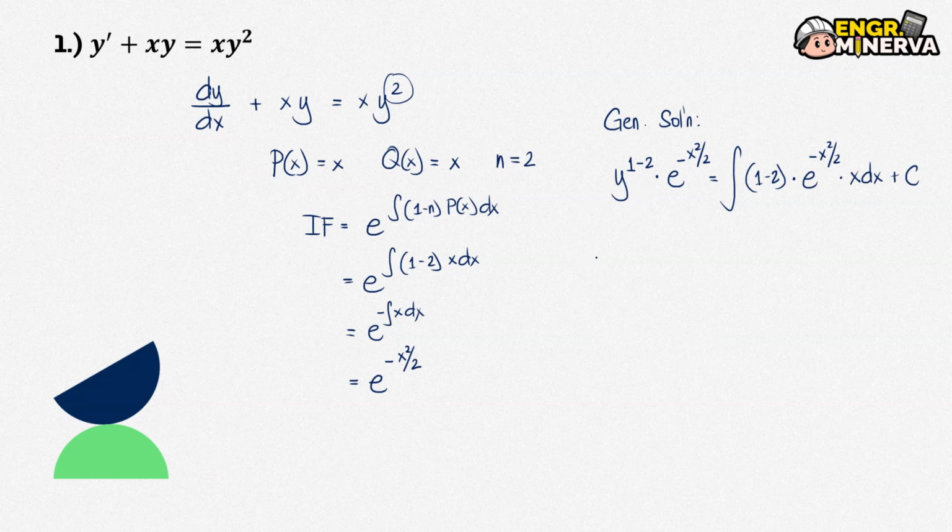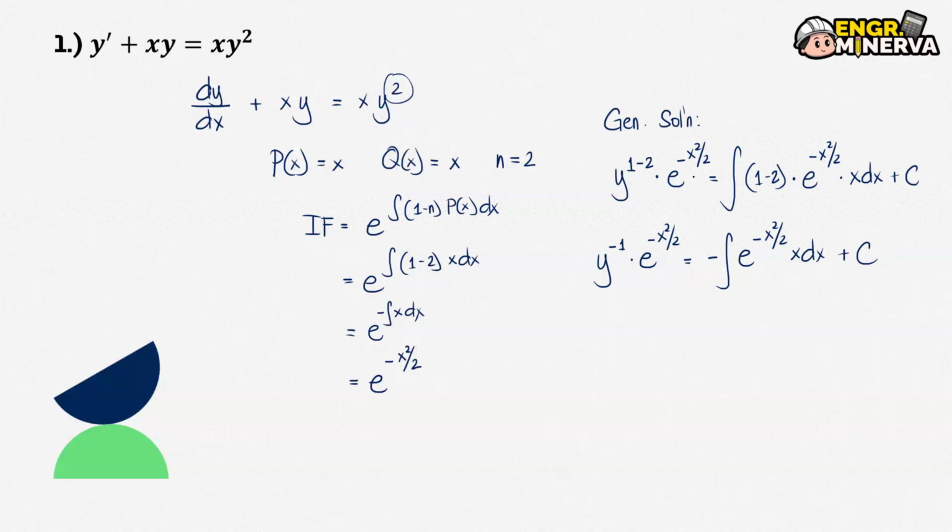Let's simplify the equation. That would be y raised to negative 1 multiplied to e raised to negative x squared over 2 equals negative integral of e raised to negative x squared over 2 x dx plus c.